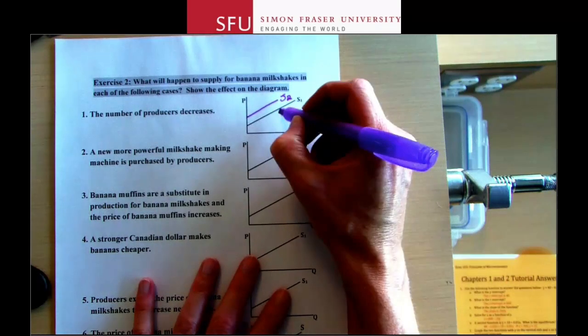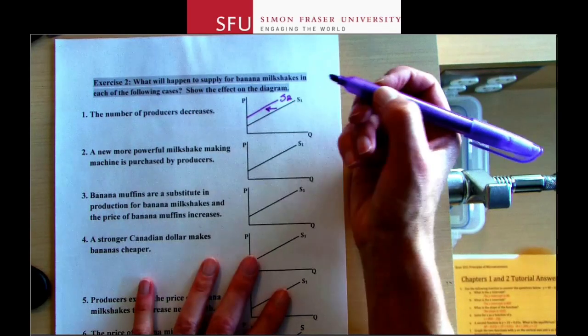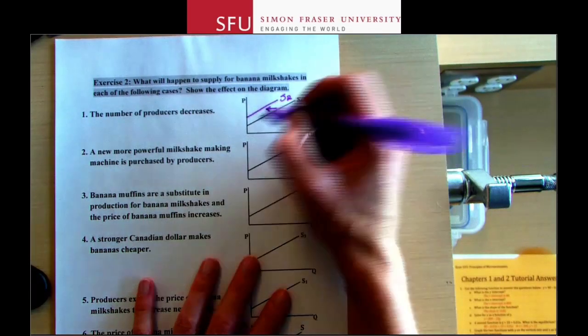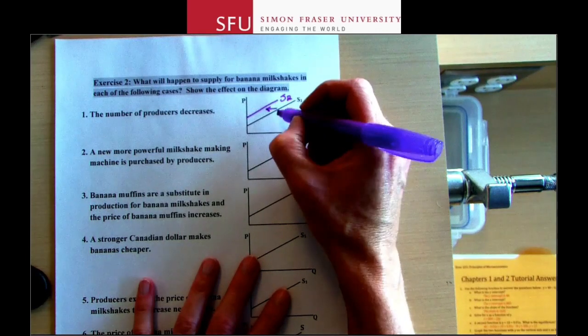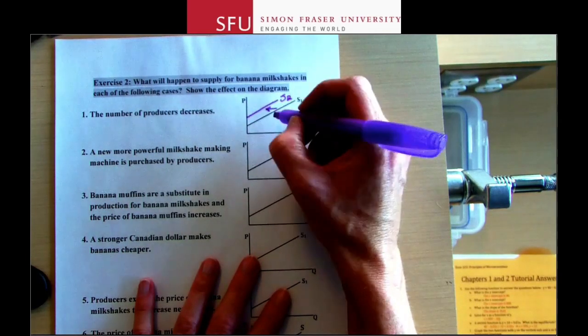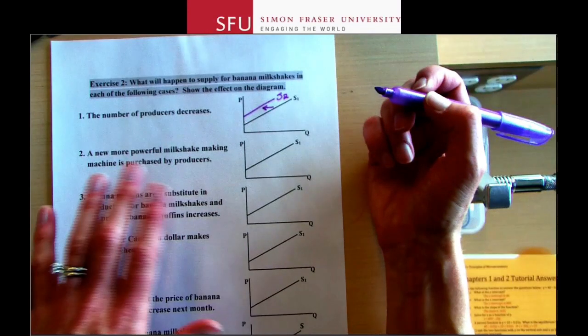Because when you draw the supply curve going to the left, it is actually going up. And so then some students get confused and think that going up means an increase in supply. But that's not correct. You have to think of it as going to the left, like a less quantity, so a decrease in supply. Okay, so to the left, good.